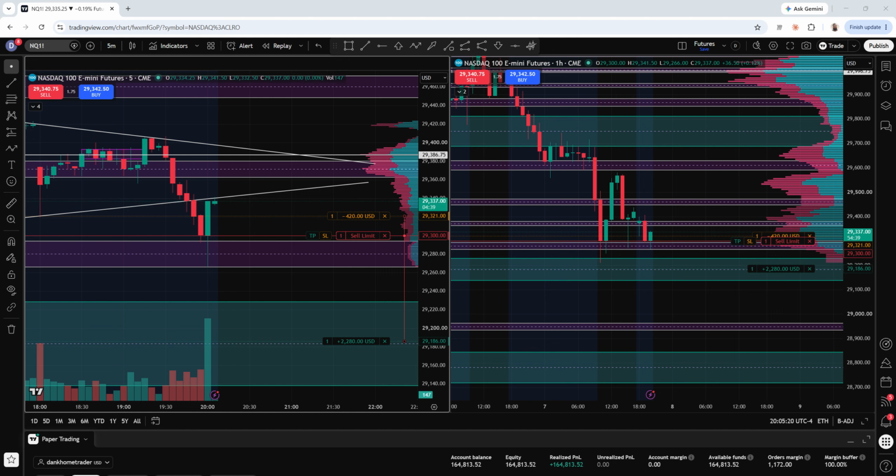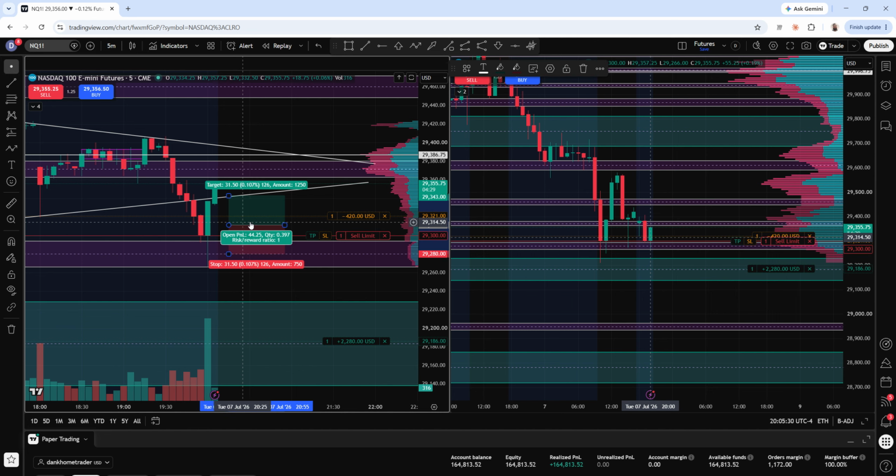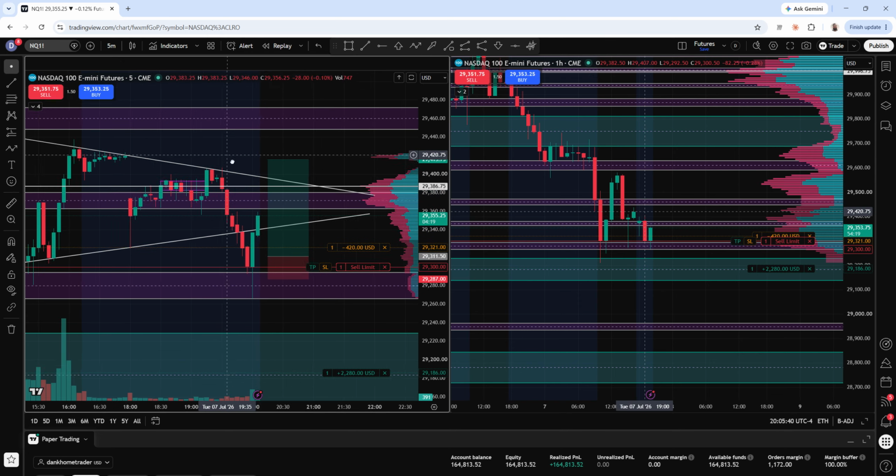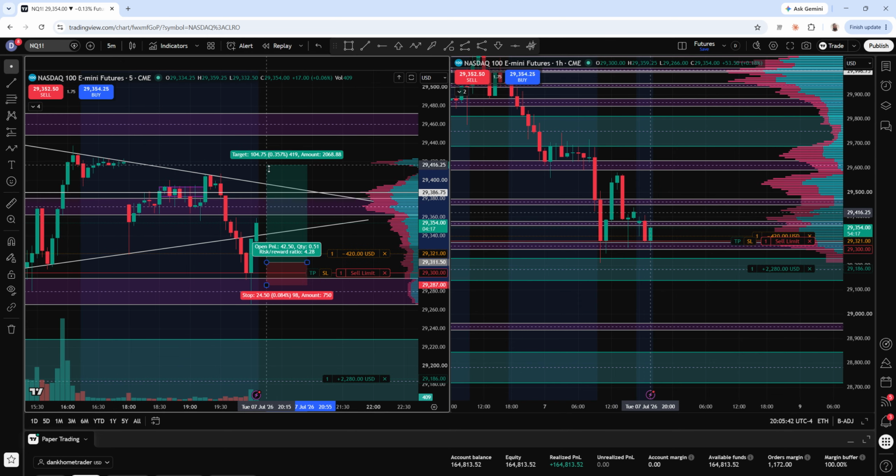So we should get a pullback off of this. This is so dumb. We should get a pullback, and let's say we get a pullback to maybe the 50% of those two candle bodies, and then stops just beneath it, and then we could still target the gap.